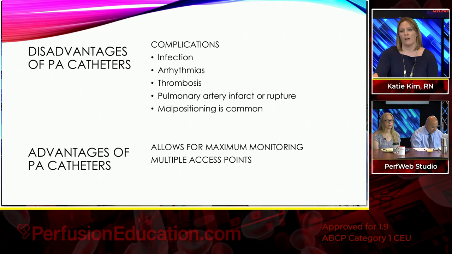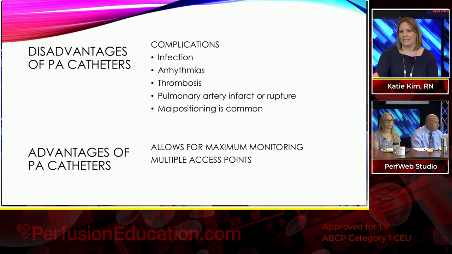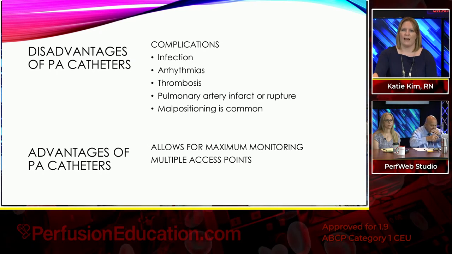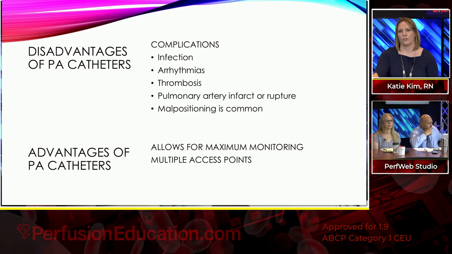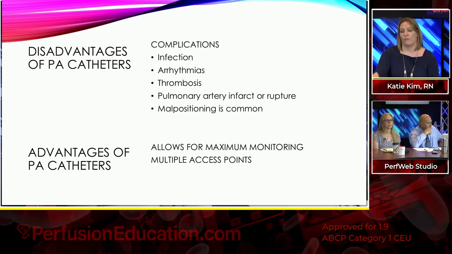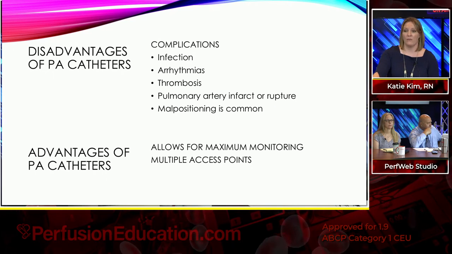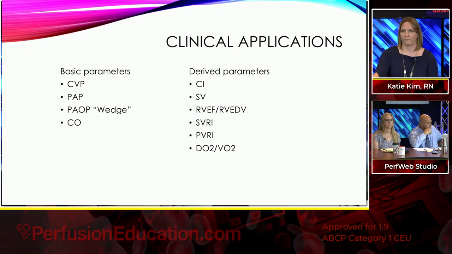But keep in mind that our patients who usually need a PA catheter are also pretty sick. And so they'll usually have some other kind of invasive line, like a central line, that'll give even more access points. Or maybe they'll just have multiple peripheral lines. But regardless, they'll need something else as well.